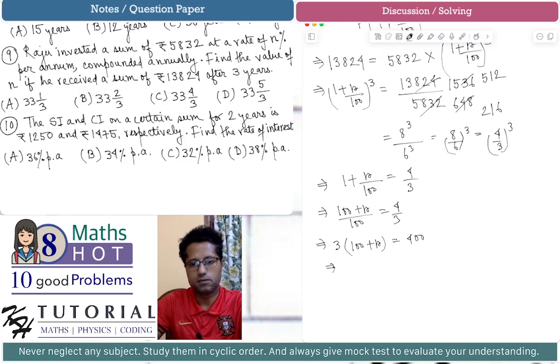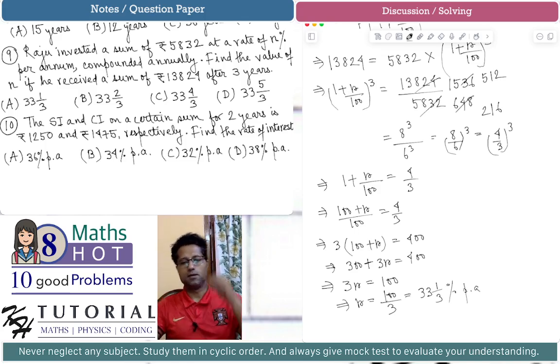So 300 plus 3r is equal to 400. So 3r is equal to 100. So r is equal to 100 by 3, which is equal to 33 1 by 3 percent per annum.